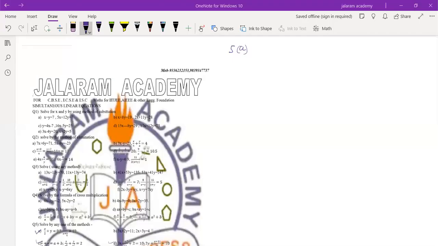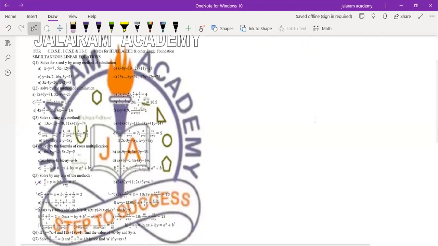5a is x by 2 plus y equals to 0.8. Okay. And the second equation is... what is the second equation? Read it.